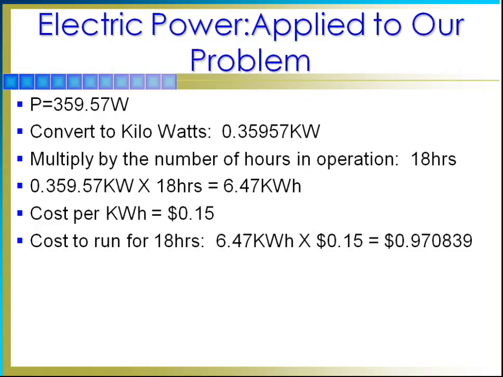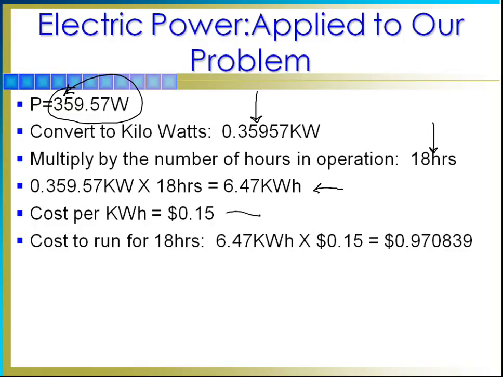Well, let's apply that to our power. Our power consumption, or our rated power, our power rating, is 359.57 watts. Converting that to kilowatts, or dividing it by 1,000, I'm at 0.35957 kilowatts. Multiplying by the number of hours we operated the appliance, which was 18, I used 6.47 kilowatt hours running that appliance.